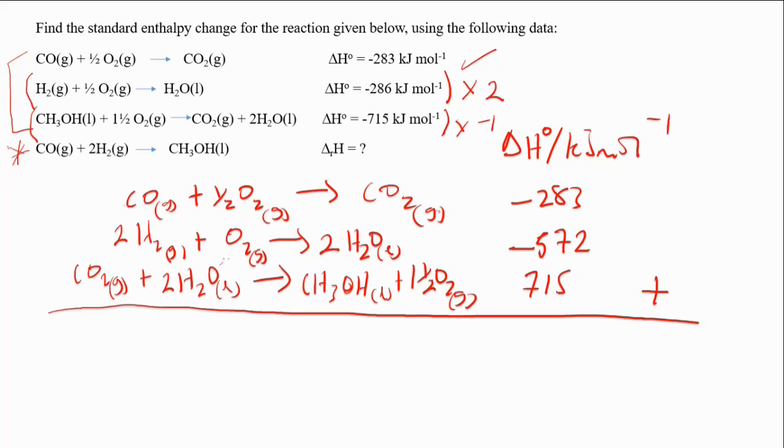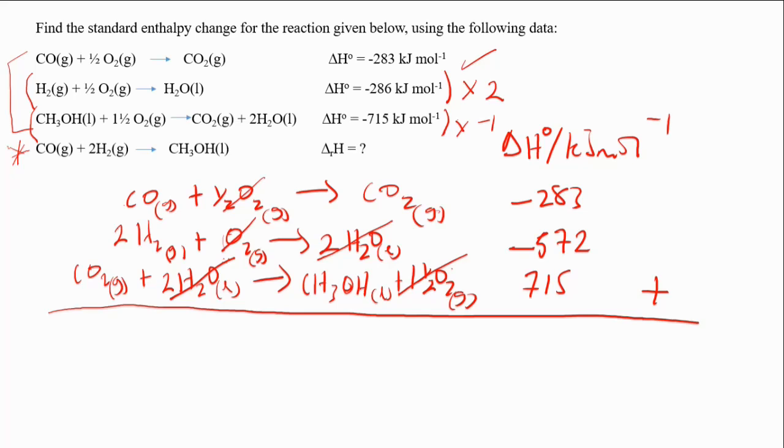Well, we have two moles of water in this equation on the reactant side, and on the product side of this equation we also have 2 moles, so they can cancel away like that. What do we have next? We have 1.5 moles of oxygen here. That 1.5 moles cancels against this half mole plus this 1 mole here on the other side.